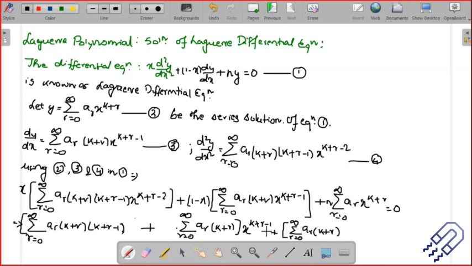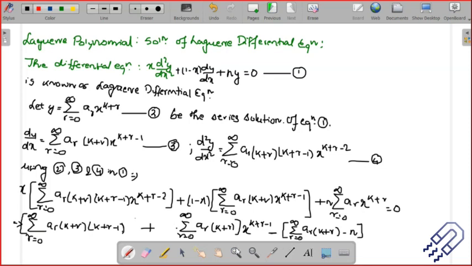There's a minus sign here, so we can take this minus outside, and then this is x to the power k plus r, because this x and that minus 1 will get cancelled out, and we have x to the power k plus r here, n into a_r, right? So we can just write this down as minus of n.